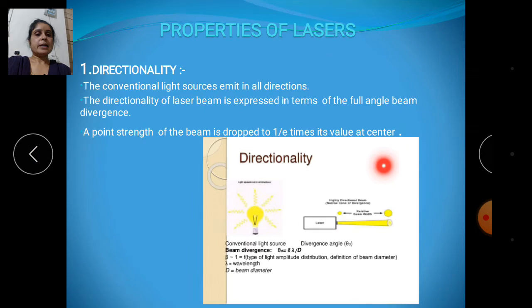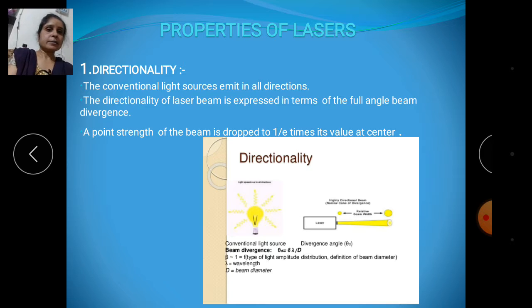The directionality of a laser beam is expressed in terms of the full angle of the beam. The angle of beam divergence is defined in that diagram, at the point where the strength of the beam drops by 1 by e times the value at the center point.